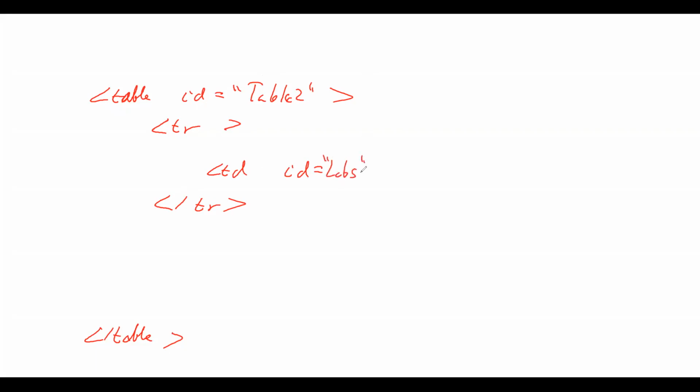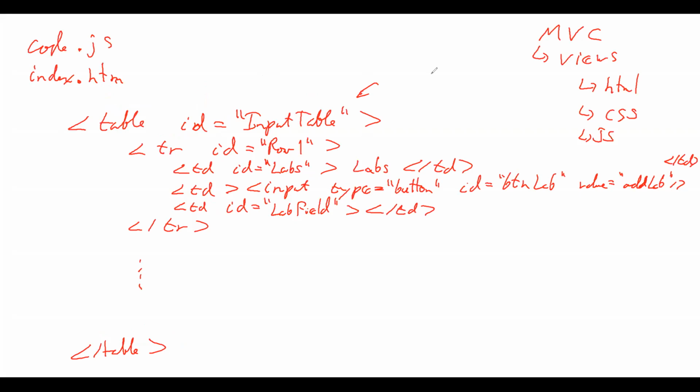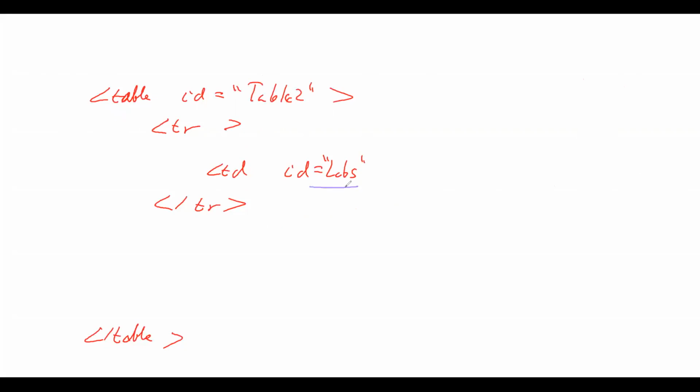So notice the previous one was called lab field. So I'm going to use lab field for that ID. And then this one is called labs. Okay, so notice the difference there. So you then can close this. You can put in whatever you want here, but this gives us an idea. Okay, so we have our way of grabbing cells in the table and trying to manipulate them in some way, right?